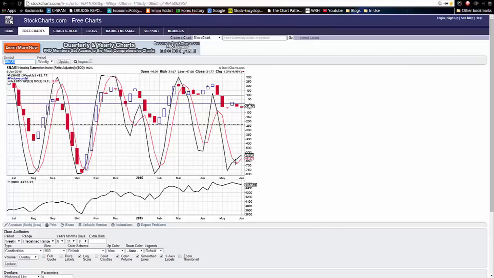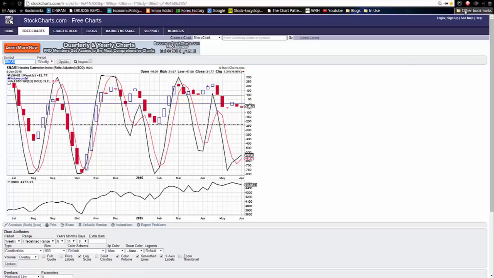I do pay attention to the crosses, but I do, for the most part, pay attention to the context in which those crosses are occurring. Right? So I believe we do have a lot of downside ahead of us. To say the least, it's not looking good.